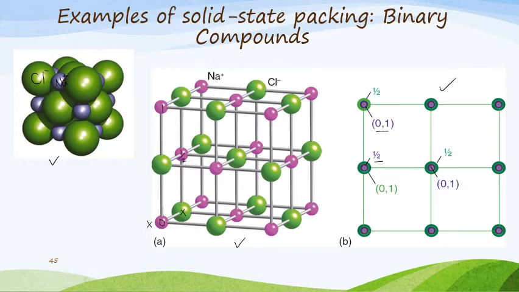Okay, and the position of the chloride now is in green. Okay, and that would be 0 and 1, depending on which part of the cube you start with, and so on and so forth. So you can see again here the fractional coordinates. Let's look down this way. Okay, we look down onto that face, and we can draw the fractional coordinates for sodium chloride as I've just explained.